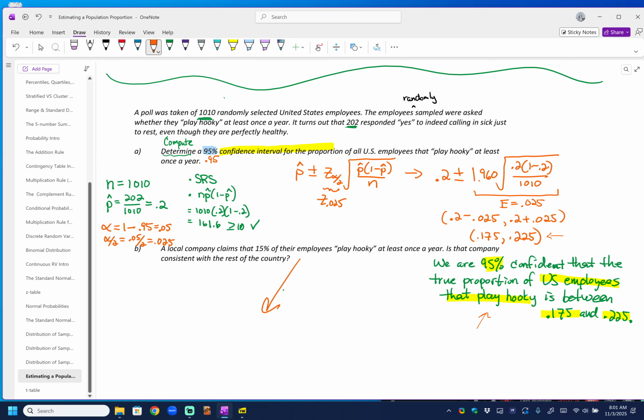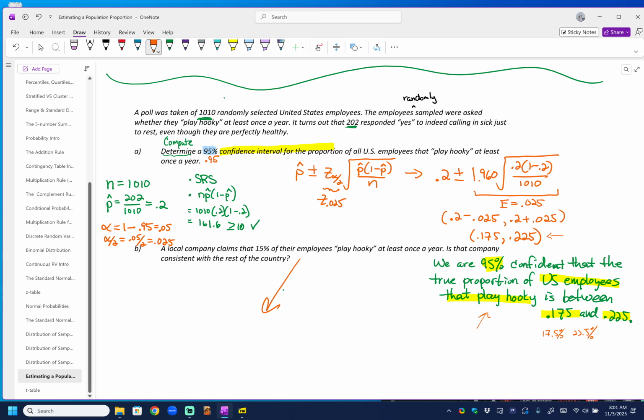So what we ended up with is we're between about 17.5 and 22.5%.